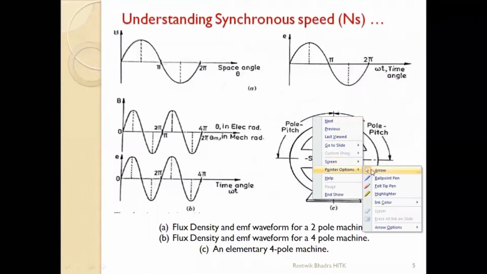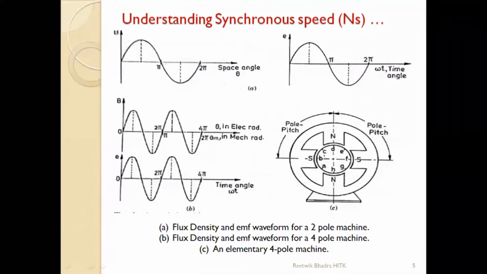If you think in a simple way, if there are two poles, north and south, when the rotation is made from north to south, you get a positive half cycle. And when there is again a rotation from north to south, you get the next half cycle over here. This is how you get a waveform E. And then you attach a commutator to make it DC.